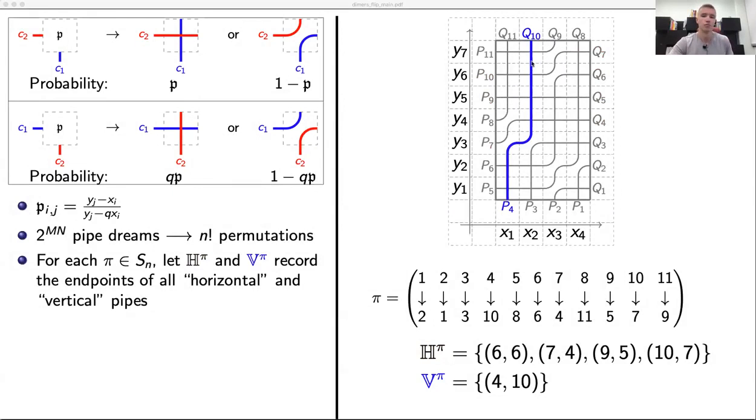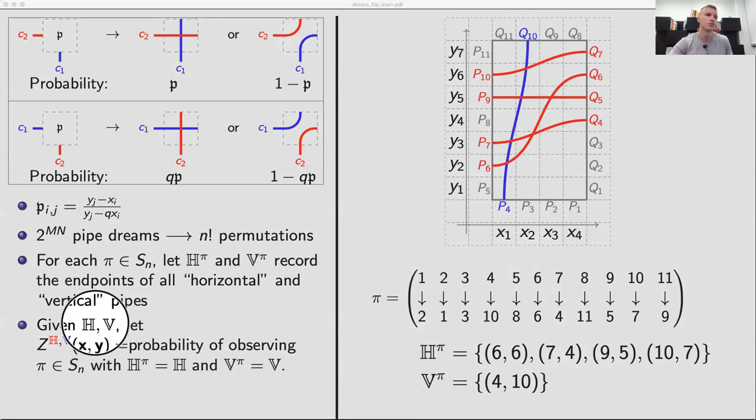And that's it. So I have two sets of pairs, H and V. I've just fixed 2 sets of pairs, and then let me define by Z_HV the probability that I observe these as horizontal and vertical boundary conditions.